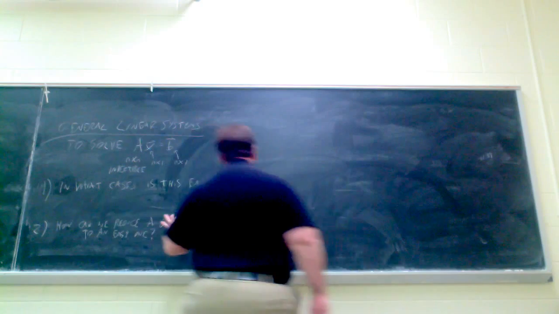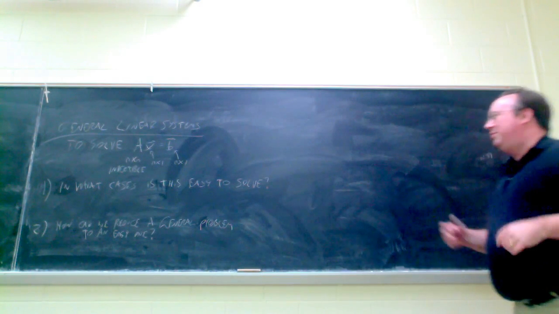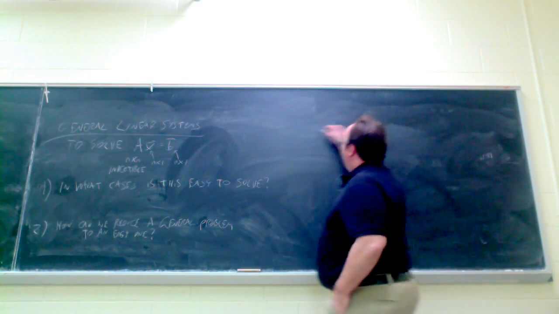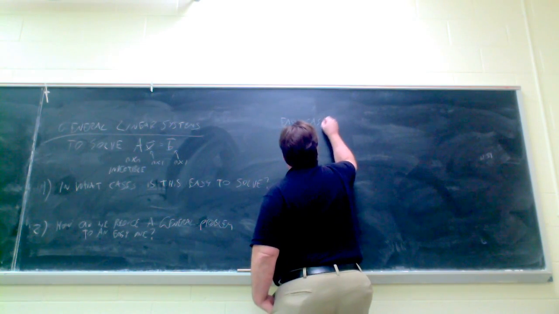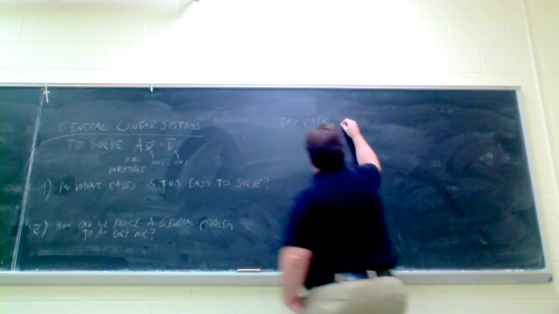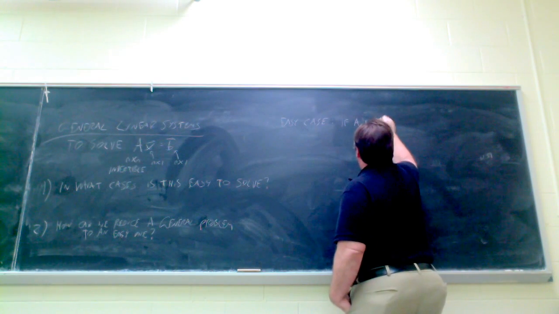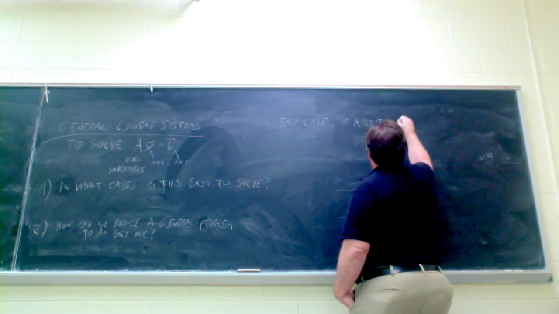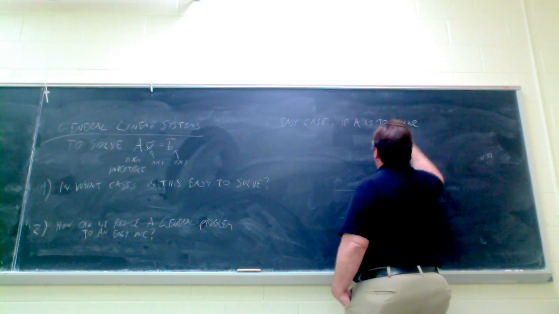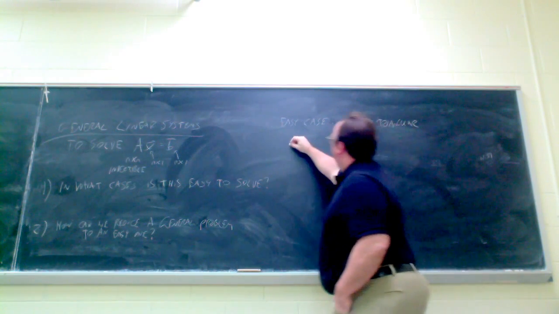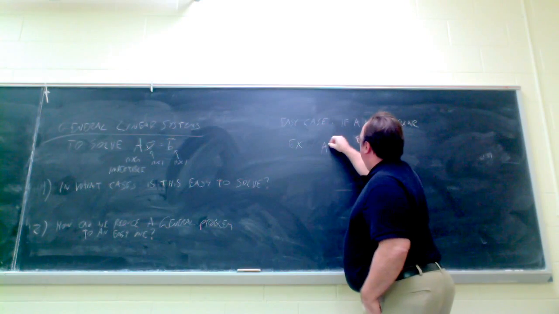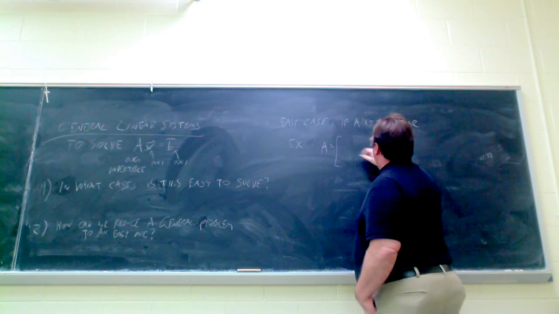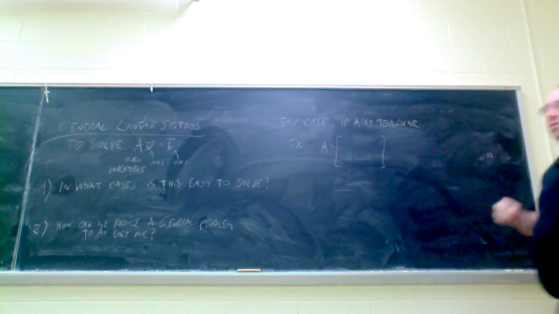Okay, so for this case, we're trying to reduce a generally harder problem to the easy case. An easy case is if A is triangular. So A is a matrix of this form, and it doesn't matter whether it's lower or upper triangular.